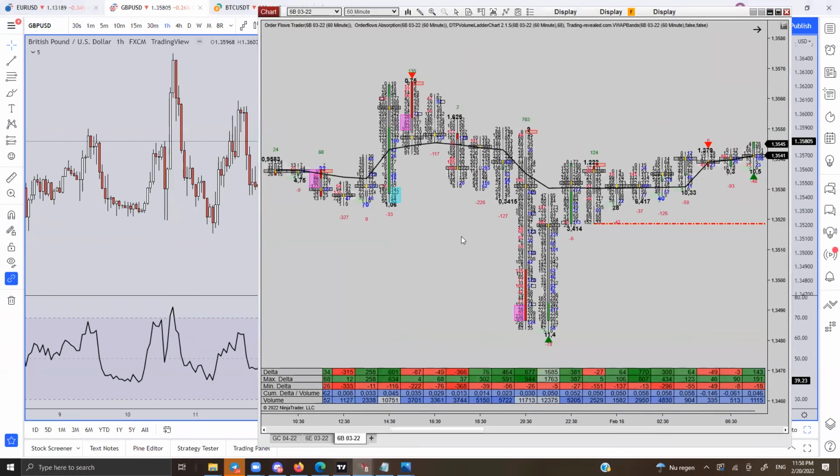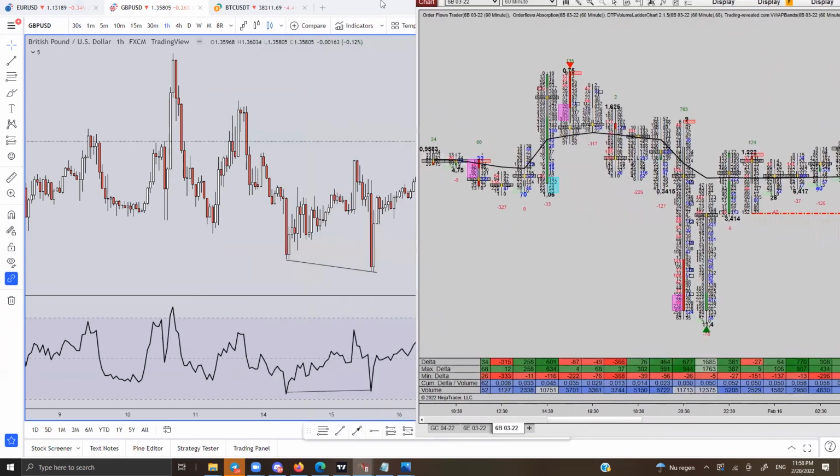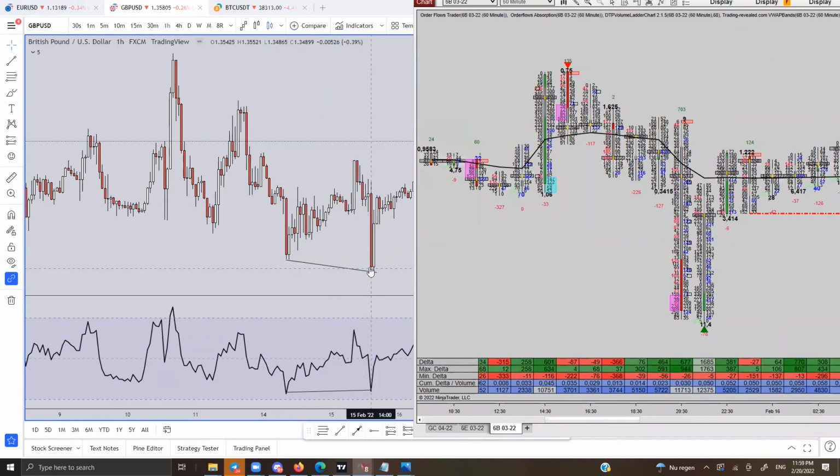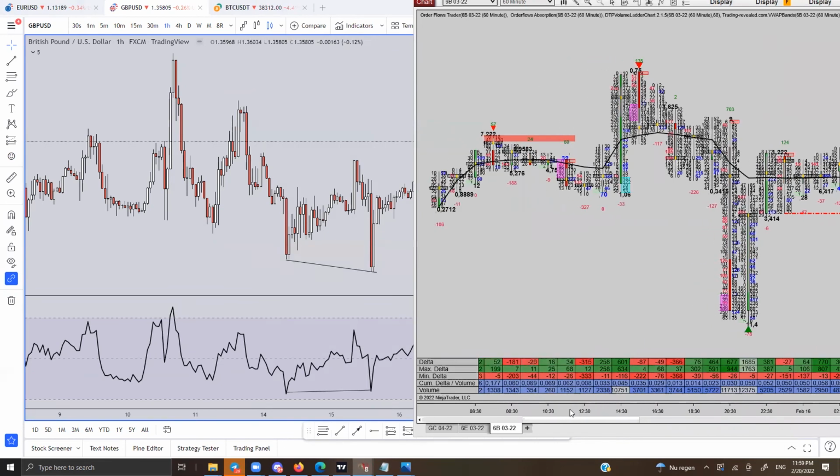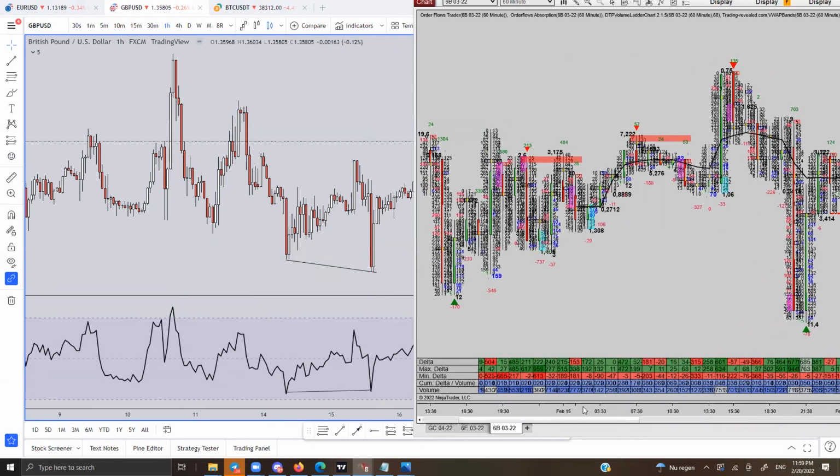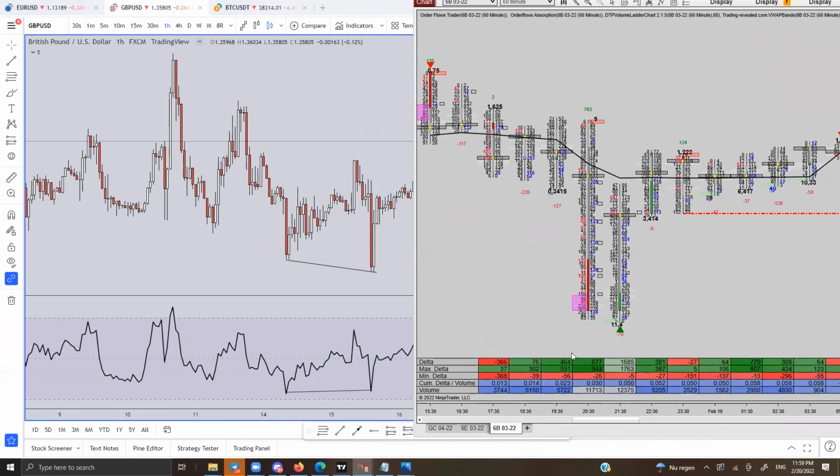6B, if I go to 6B, look at this one, how can they hide this information from us? They can't hide it. See, this divergence, I'm looking at the same day, which is 15th of February. This is also 15th of February. If you compare the last 15-20 candles, you will never see this many big positive deltas.